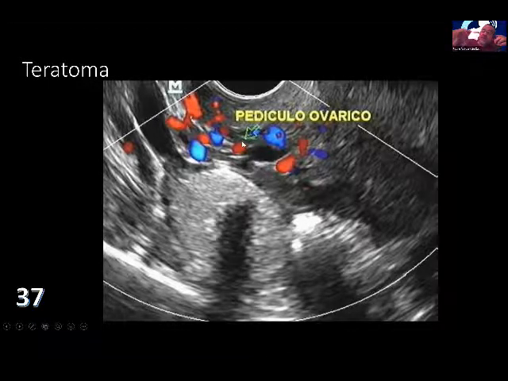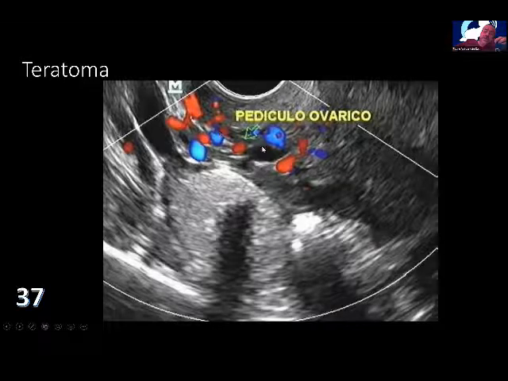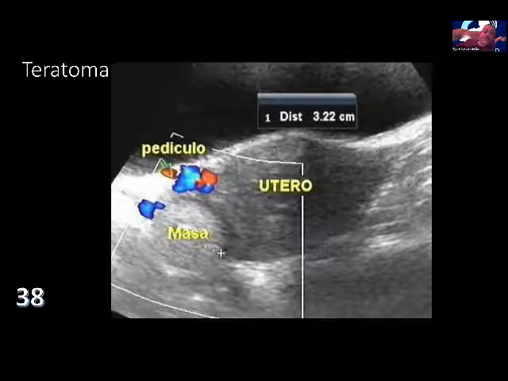And if we see vessels which go and come several times, changing color, we are probably dealing with a twisted ovarian cyst. This is a teratoma, the shadowing, and this is the ovarian blood vessel package.